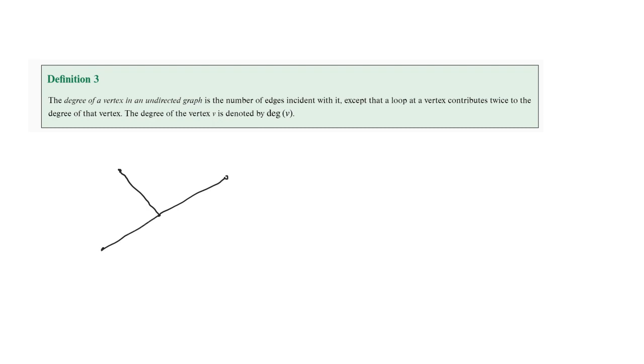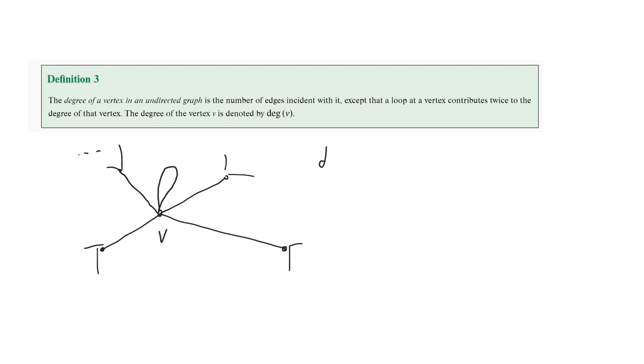Degree is one of the important concepts in graphs, so I just draw part of a graph, which might continue in different areas. Here we have V, and these are edges incident on it, and let's also have a loop.